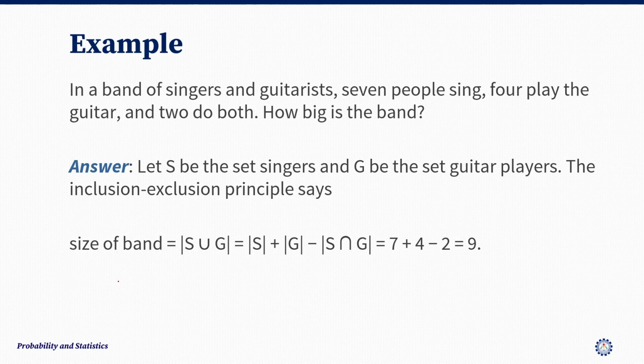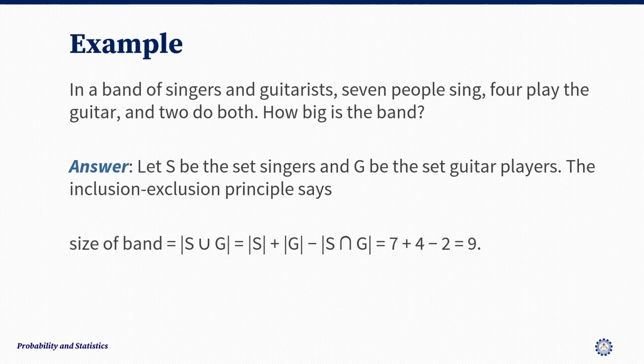So the inclusion-exclusion principle says that the size of the band is equal to the cardinality of S union G, which is equal to the cardinality of S plus the cardinality of G minus the cardinality of S intersect G. If we plug in the values, the cardinality of S, singers, is 7 people singing.